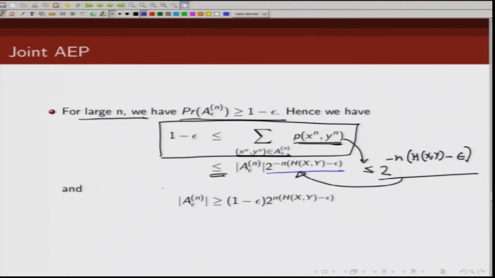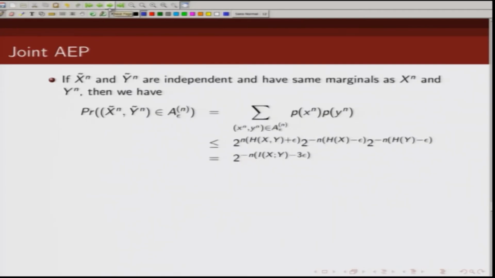And from here we can get a lower bound on the number of elements in this jointly typical set, which is greater than or equal to (1 minus epsilon) times 2 raised to the power n times (joint entropy of X and Y minus epsilon). And when epsilon is very small, there are roughly 2 raised to the power n H(X,Y) elements in this jointly typical set.